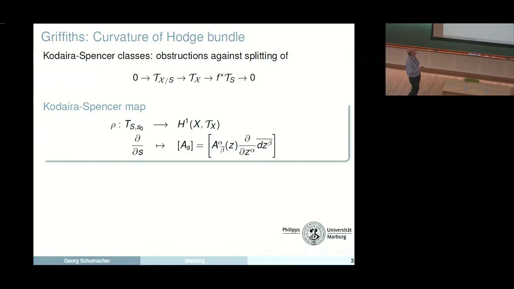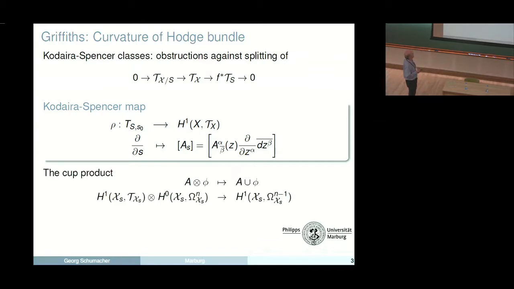And so we are looking at (0,1)-forms with values in the sheaf of holomorphic tangent bundles, and everything is restricted to a fiber. The curly X is always the total space of a family, whereas the capital X stands for the fiber.